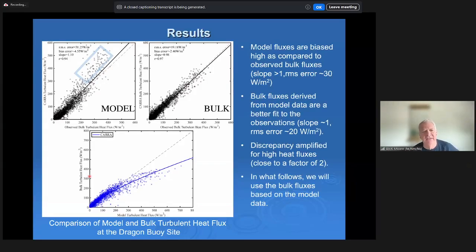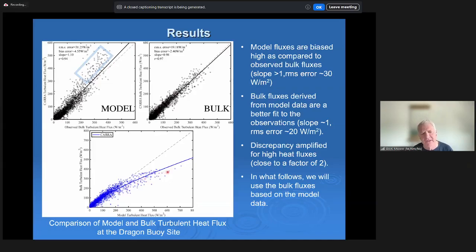You can also look at the slope here. The slope for this comparison is 1.1, which means again that the model fluxes are higher than the observed fluxes. The slope when you do the bulk fluxes is close to 1. There's a reduction in the RMS error as well. And then you can also see this nonlinearity here.